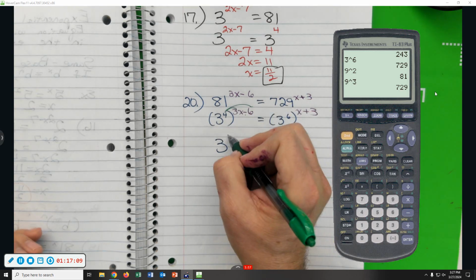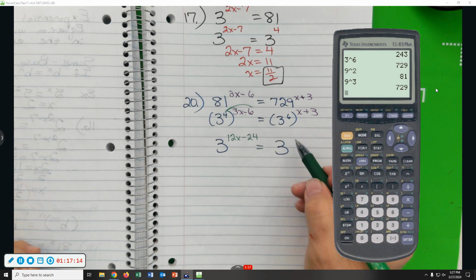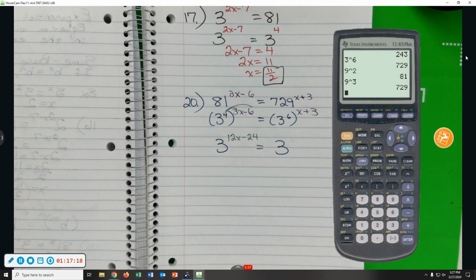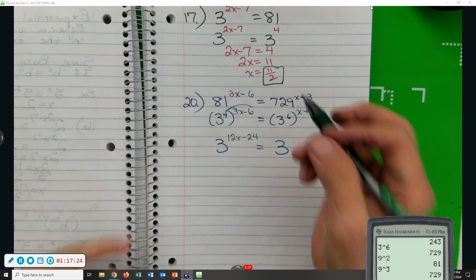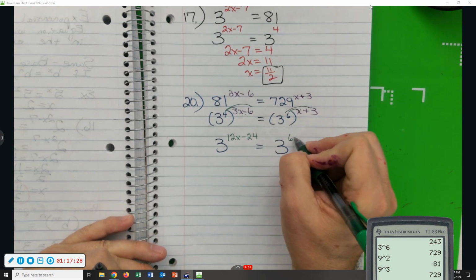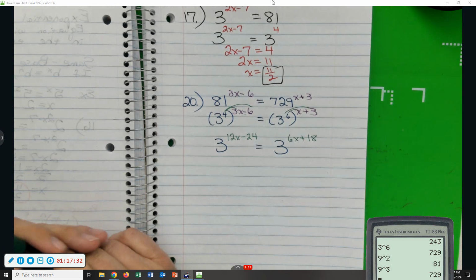That's going to give me a 12x minus 24. You tell me what we're going to have here. I agree with 6x plus 18. Distributing the 6, we get a 6x plus 18.